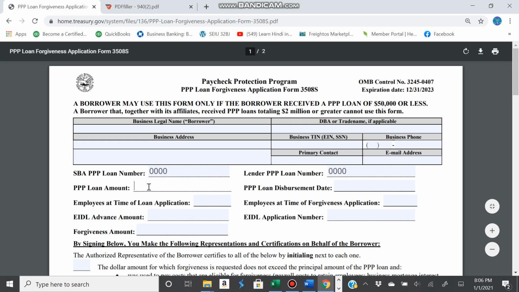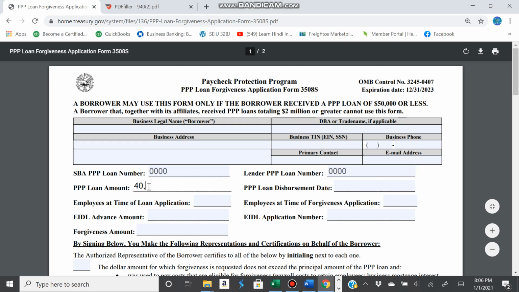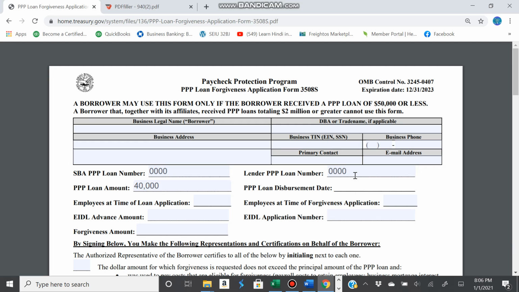The PPP loan amount is the amount that was given to you, the principal amount of PPP loan that was given to you by your lender. It's, let us say we have 40,000. The disbursement date is the date that you receive the PPP loan proceed from your lender.